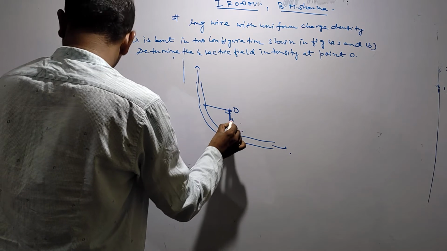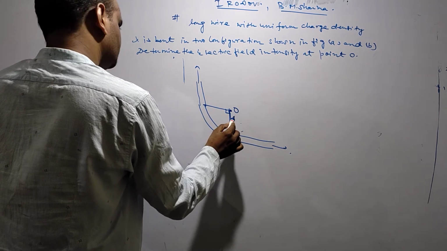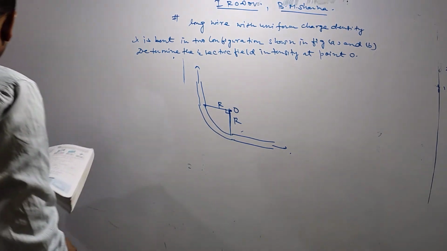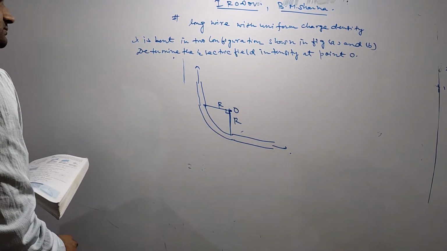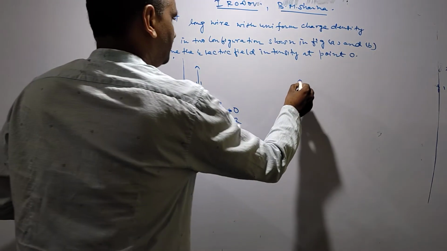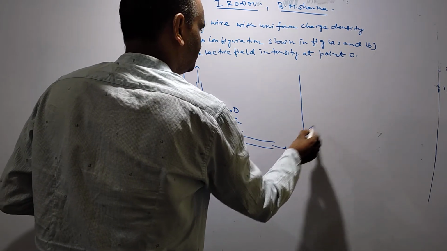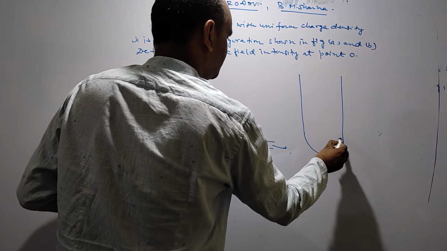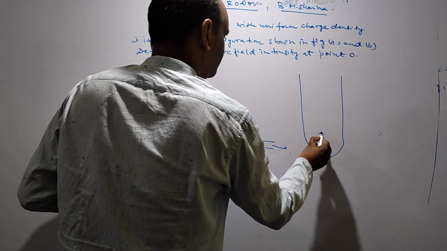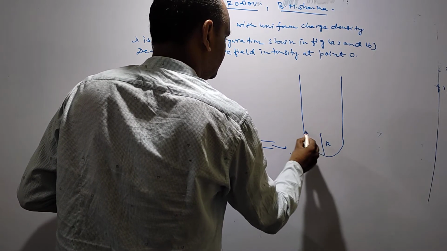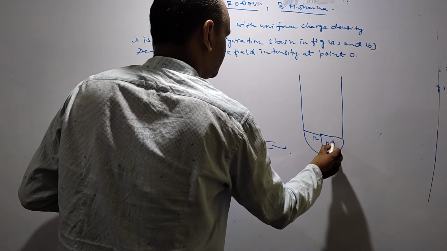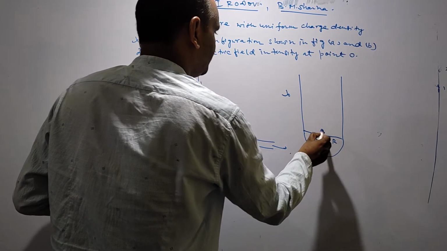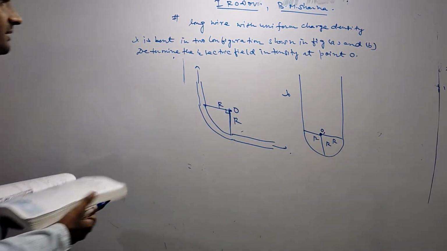So you have to find the electric field at this point. Okay, now another configuration, you see like this semicircle, and this is radius r, and this is r, this is r, and lambda. We have to find the electric field at this point.